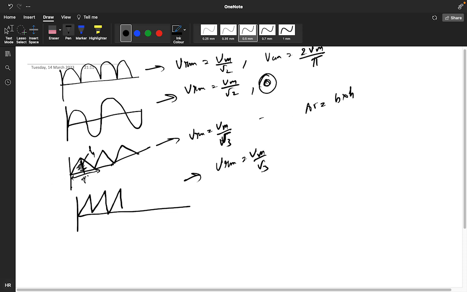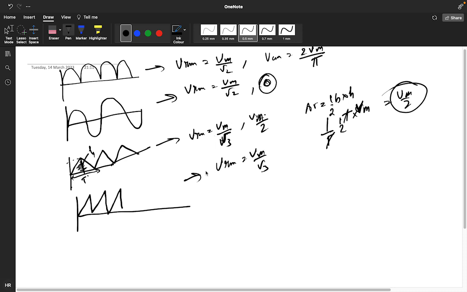Base is T, and height in this triangle is Vm. So half into base into height, and for the average you have to divide by the overall time period. So you will get Vm by 2 only. So the average value in a triangle you will get is Vm by 2.